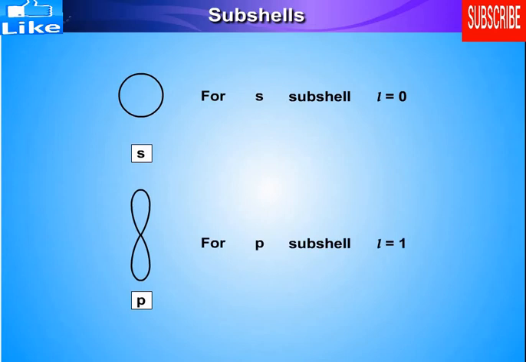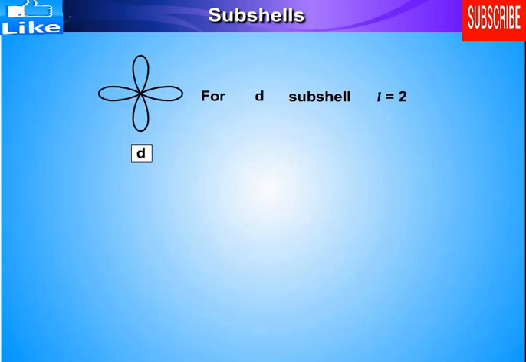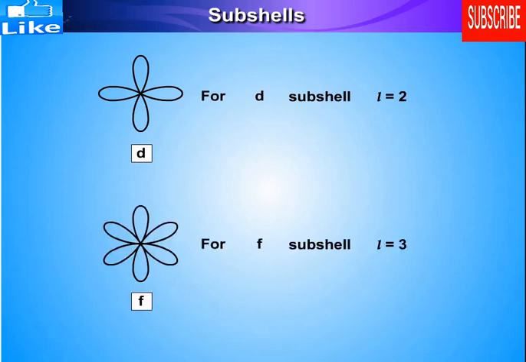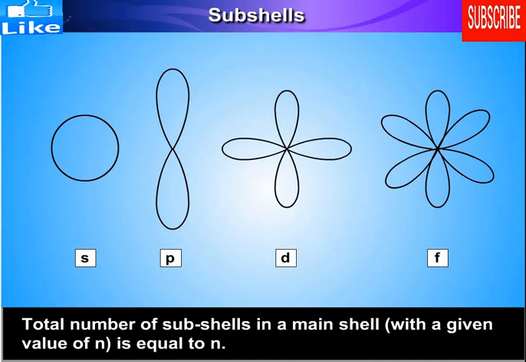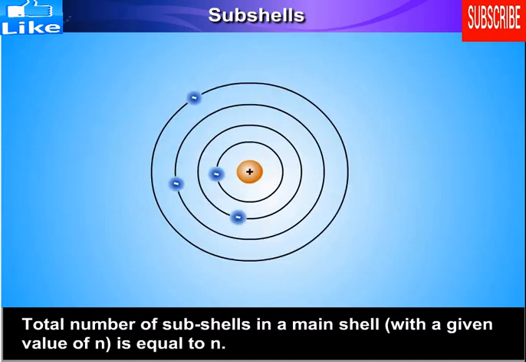For the p subshell, l equals 1. For the d subshell, l equals 2. For the f subshell, l equals 3. The total number of subshells in a main shell with a given value of n is equal to n.